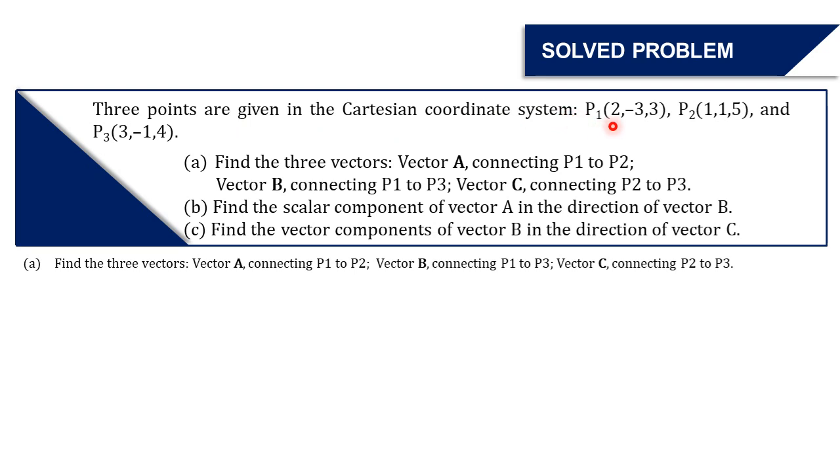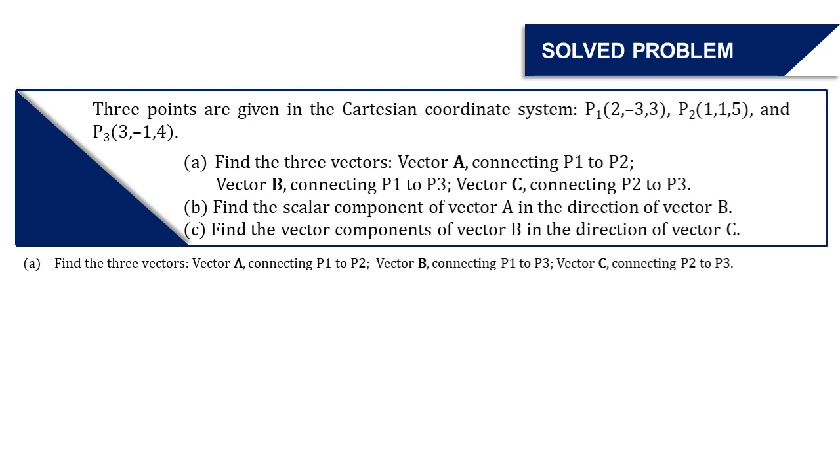Point 1: 2, negative 3, 3. Point 2: 1, 1, 5. Point 3: 3, negative 1, 4. We are to find three vectors: vector A connecting point 1 and point 2, vector B connecting point 1 and point 3, and vector C connecting point 2 and point 3.